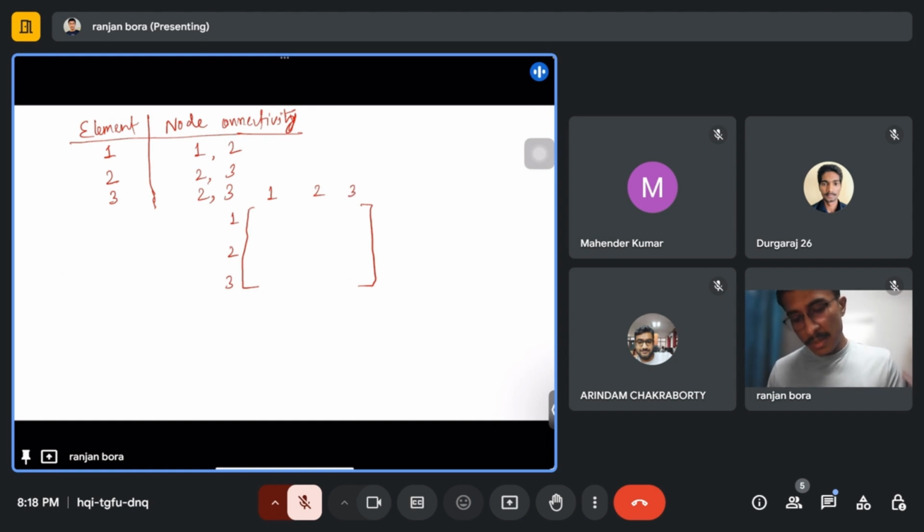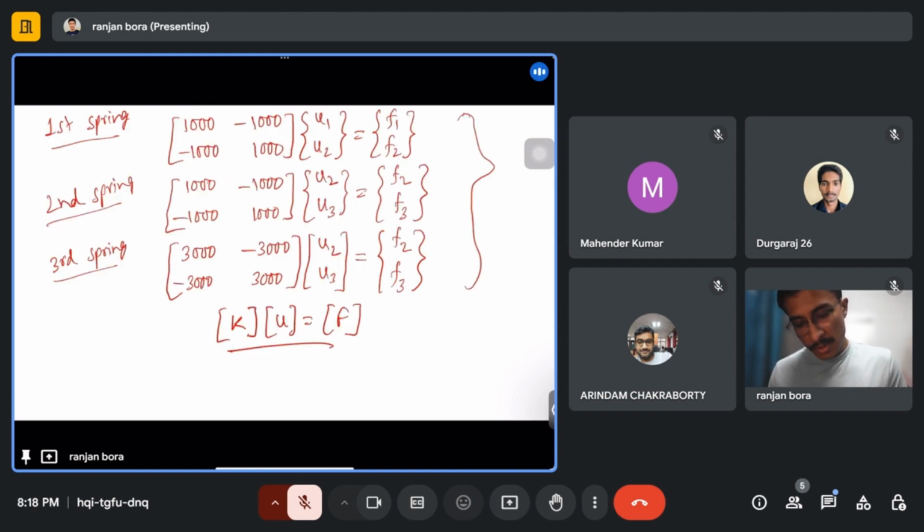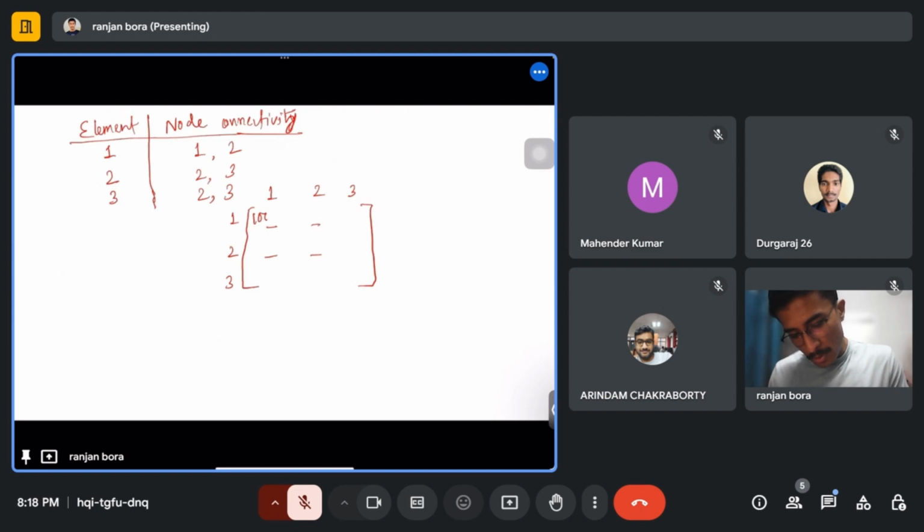So first element, node connectivity is 1 and 2. That means for the first element, it will come in these positions, 1 and 2 positions. What was it? 1000, minus 1000, minus 1000, 1000.